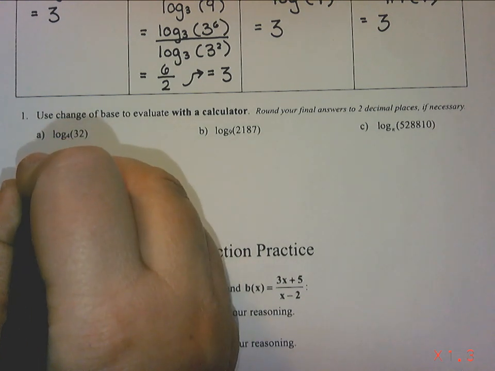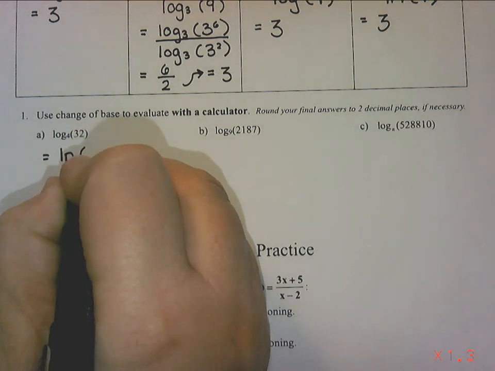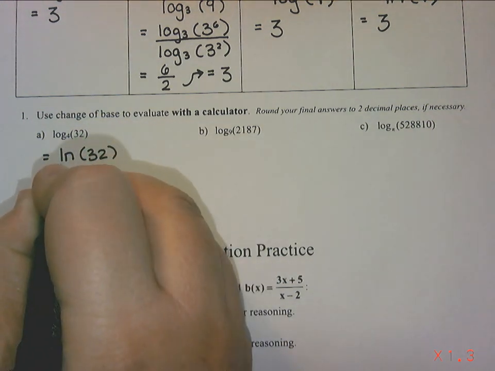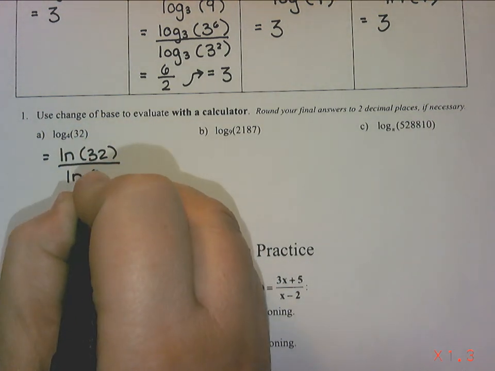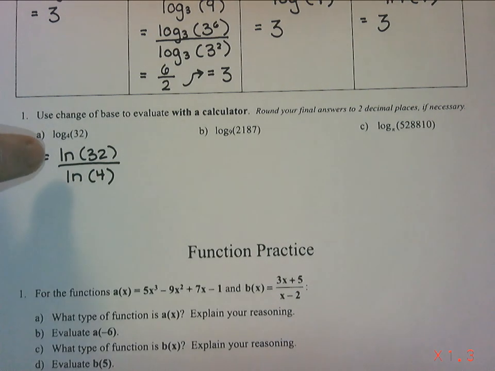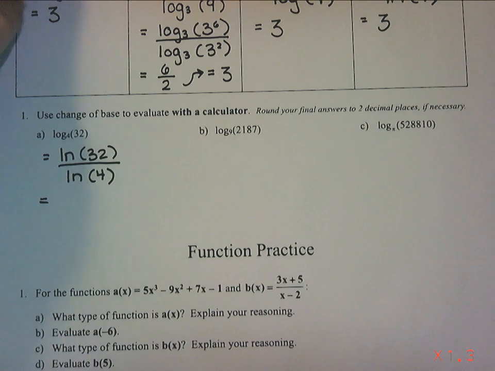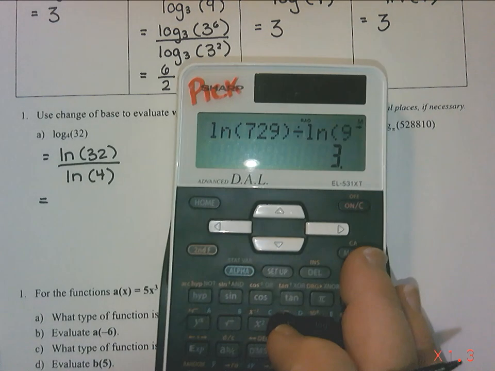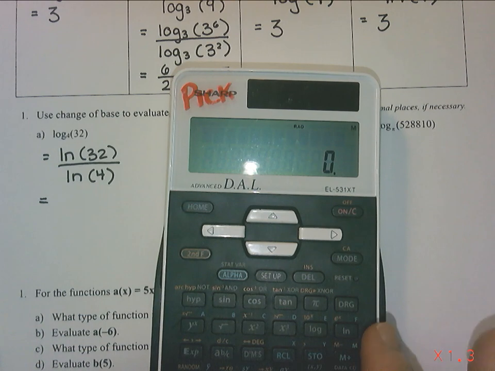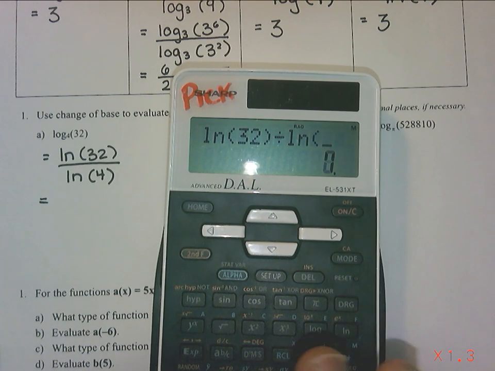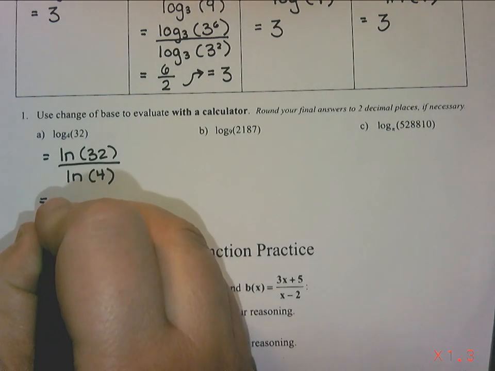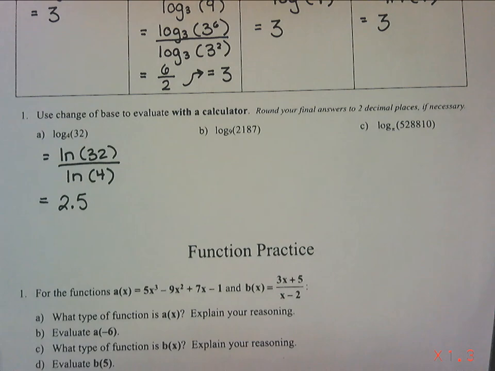We're doing ln of our argument, 32, divided by ln of our old base, which is 4. All right, so I'm going to do ln of 32 divided by ln of 4, and I get 2.5. That one doesn't need to be rounded because it worked out exactly.